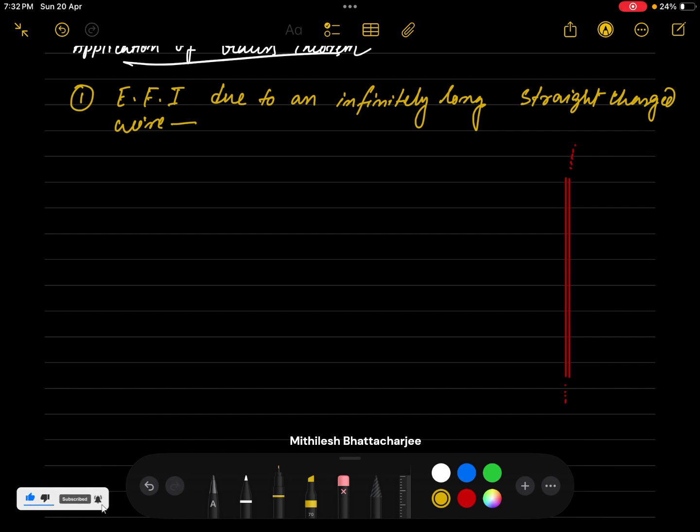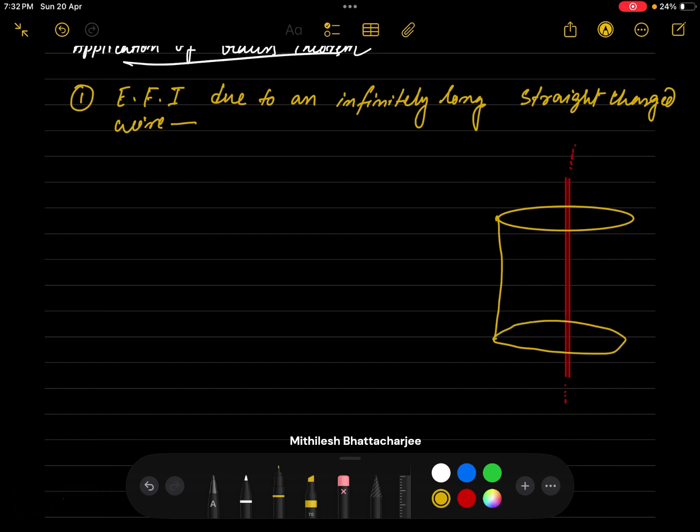We'll consider a hypothetical surface around this. Let us assume a hypothetical surface of this portion of the infinite long straight line.